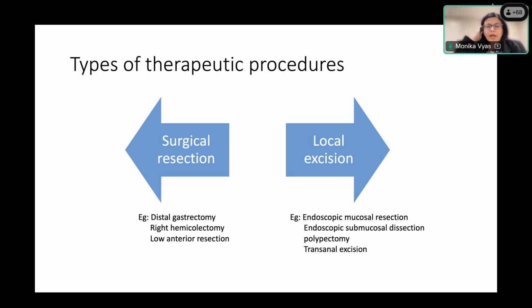So we have a lot of local excision options for early stage malignancies. Endoscopic mucosal resection and endoscopic submucosal dissection are such examples. Polypectomies we've been seeing for a long time now, and transanal excision for early stage rectal cancers also yield specimens on which we do have to provide prognostic information and give margin status. So this is one important thing to remember.